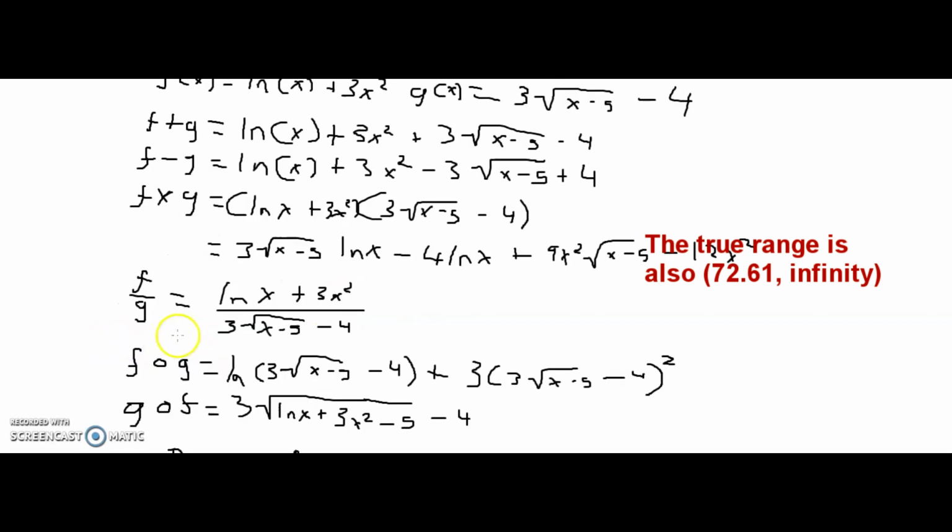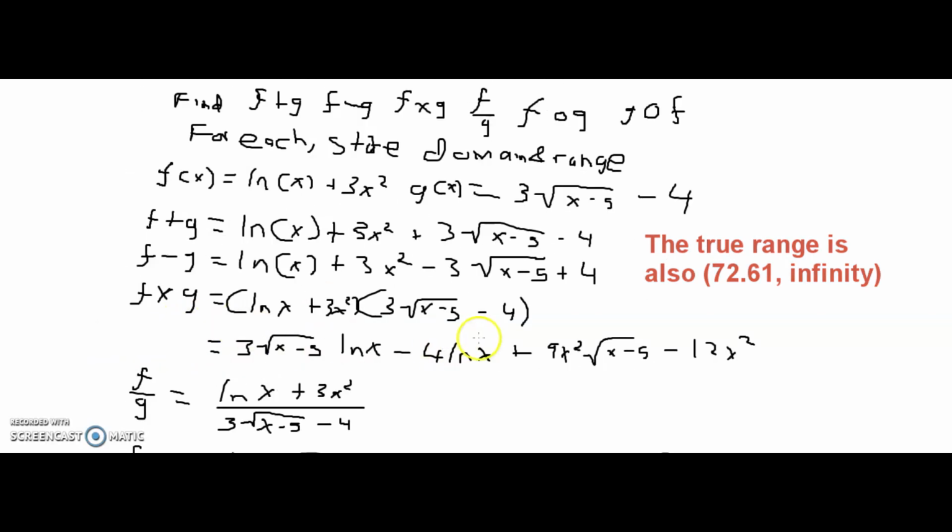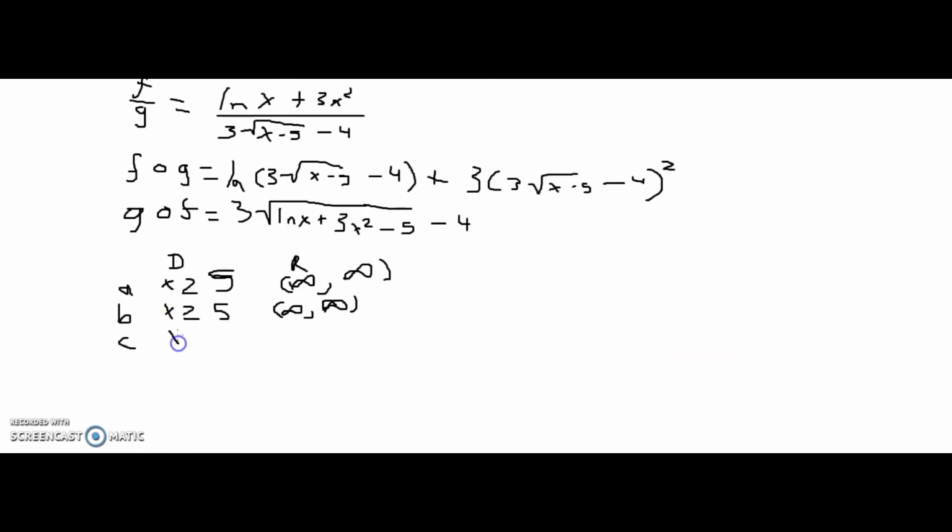Part C, the multiplication of these. So this becomes a bit more complicated here. Again, the x minus 5 under the square root must be greater than or equal to 0. Times natural log of x, well, again, you can't plug in a number that is less than 0. That's the same thing. So the domain for that is still the same. It's x is greater than or equal to 5.